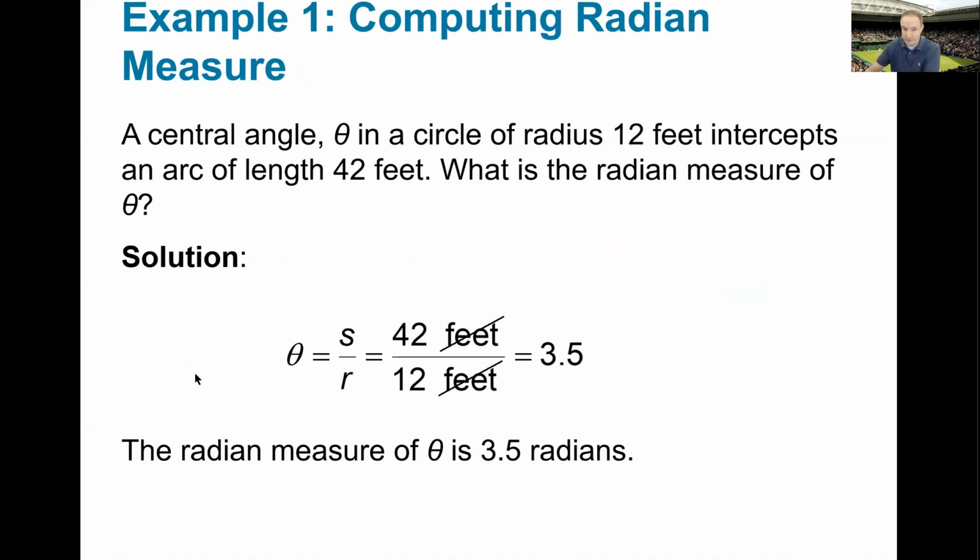Then your angle theta is just the arc length s, 42, divided by the radius, 12, and that would be a theta value of 3.5. The radian measure of that angle theta would be 3.5 radians.